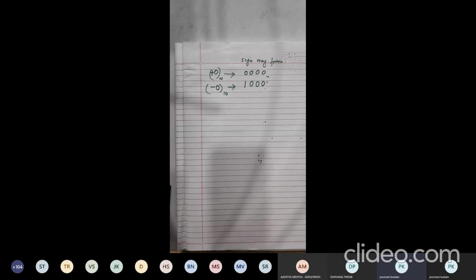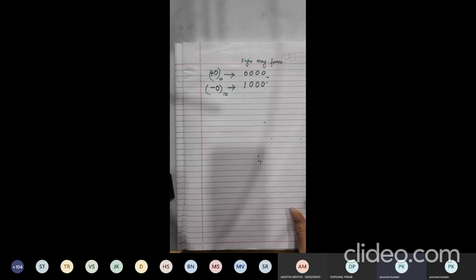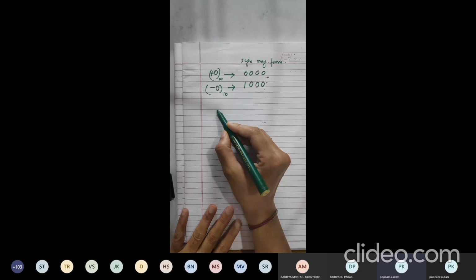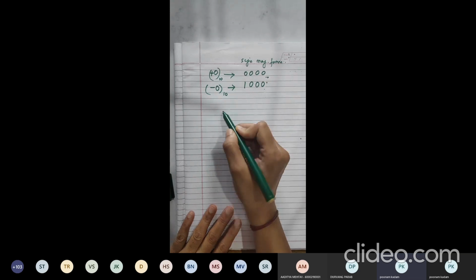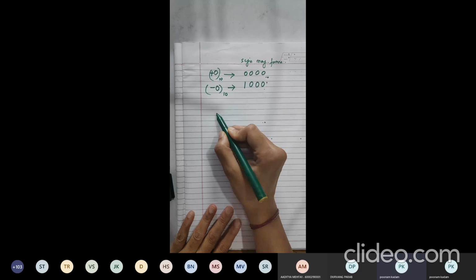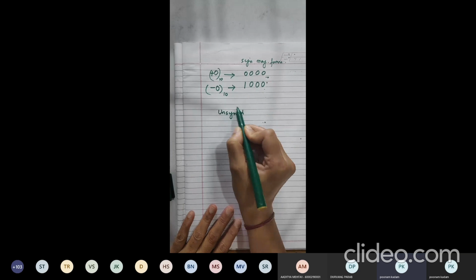So in sign magnitude representation form, we have seen that the first bit represents the sign of the number, and the remaining bits give the magnitude. I'm talking about unsigned now, then I'll again come to sign magnitude form.